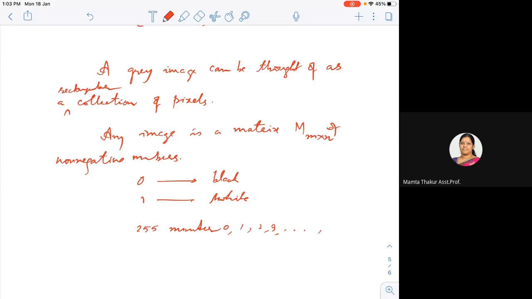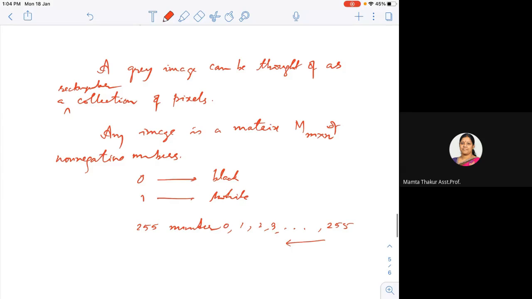If you go on increasing the size of the number, the color pertaining to it becomes whiter. When you go on decreasing the numbers, those pixels are going to become close to black.